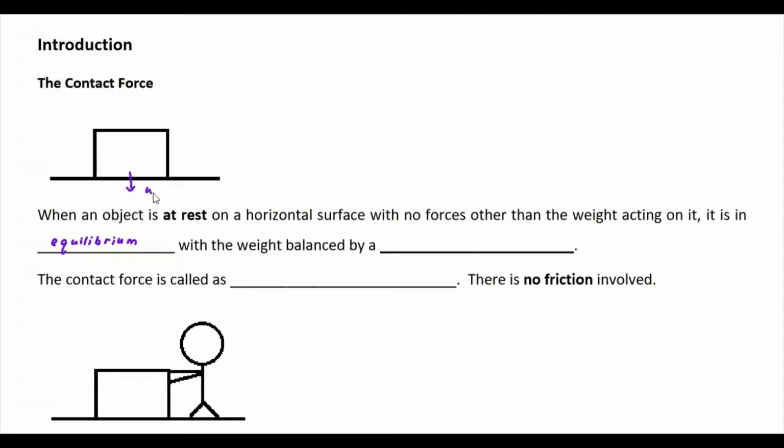Because there's always an equal and opposite force, we have a force which is normally called the normal reaction. So the weight is balanced by a contact force, and this contact force is called the normal reaction. You can see that there is a weight, then a normal reaction, and there's no friction involved here.